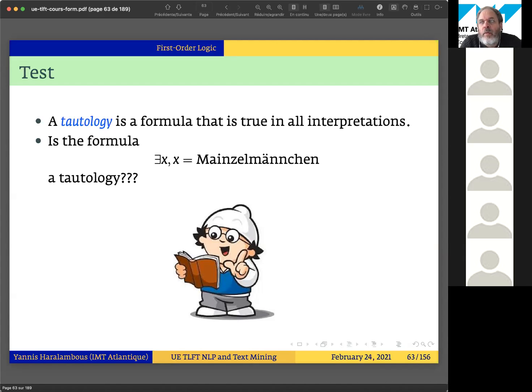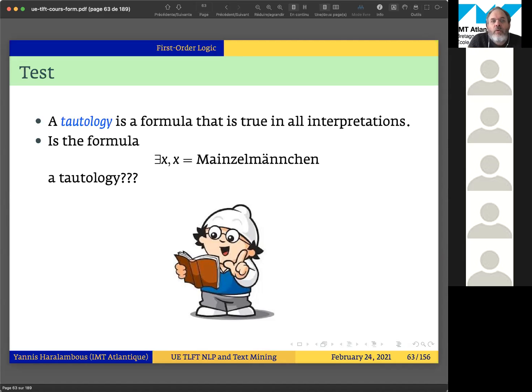So please spend some time to be sure that you really understood these notions. And to show you that they are not always very intuitive, I have here a small test.